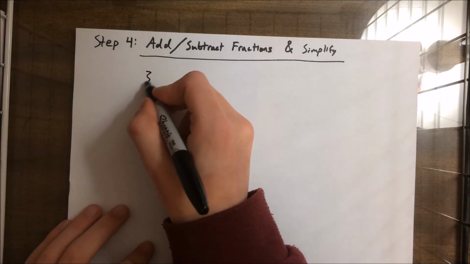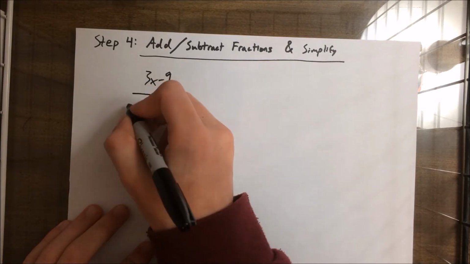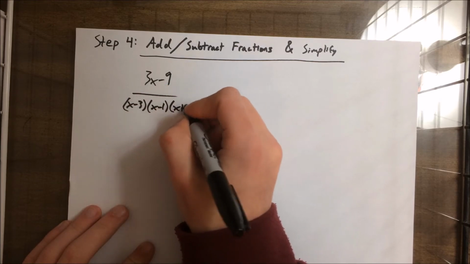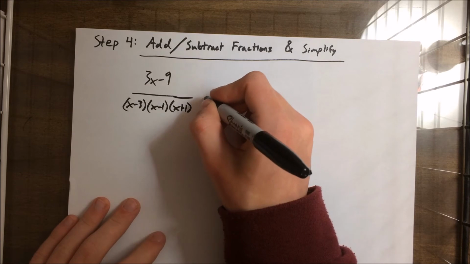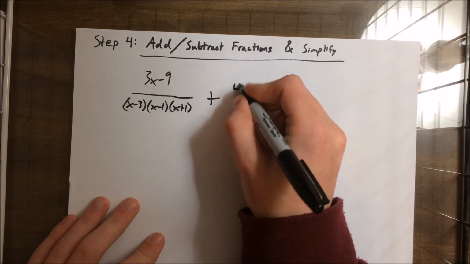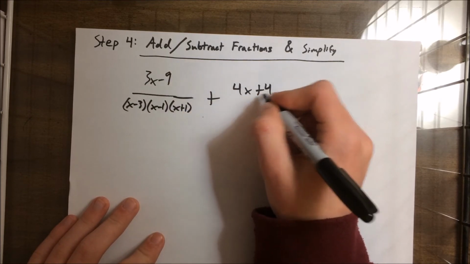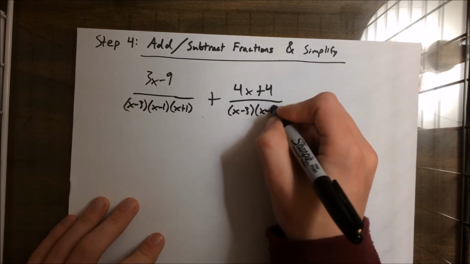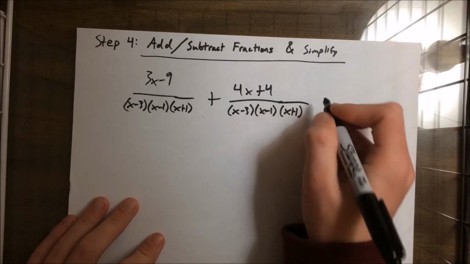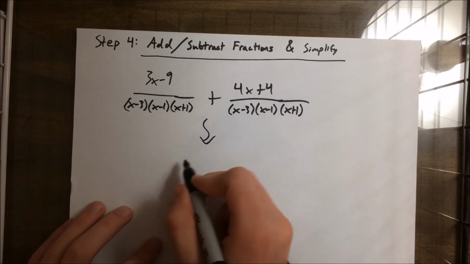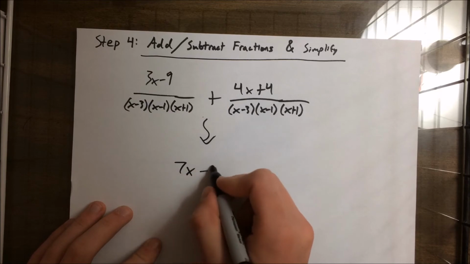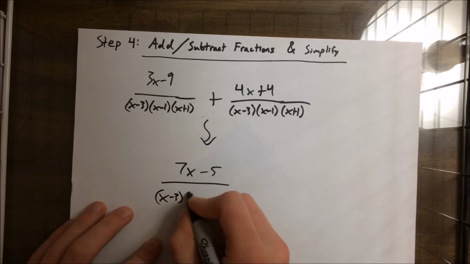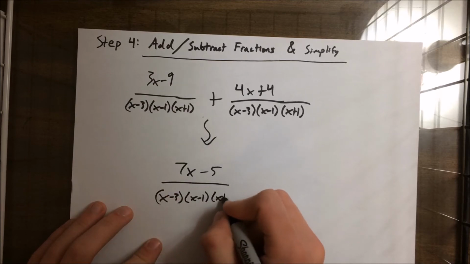So we're going to take the 3x minus 9 over x minus 3 times x minus 1 times x plus 1 and add the 4x plus 4 to that, and we will get 7x minus 5 over x minus 3 times x minus 1 times x plus 1.